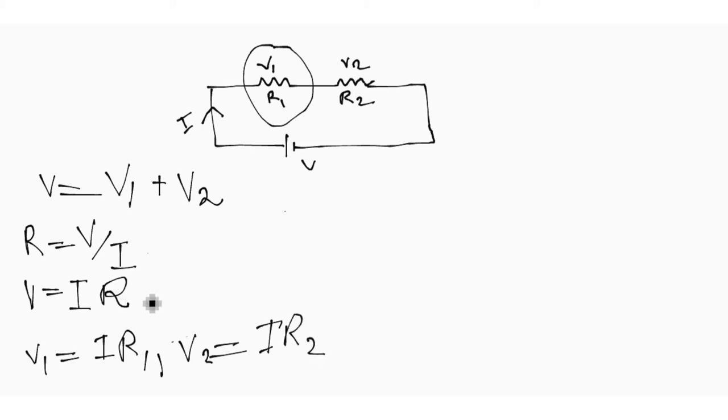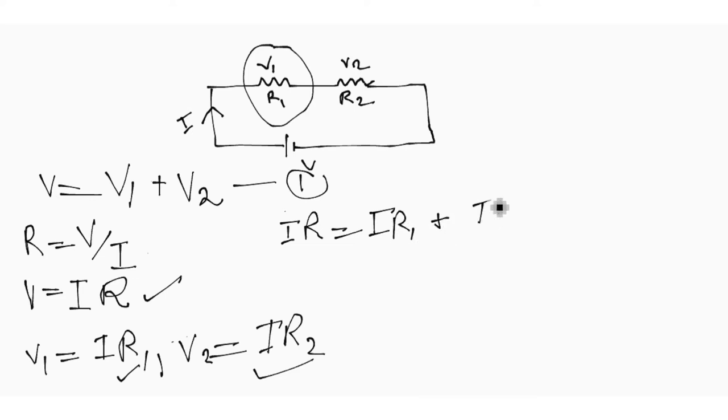Now, putting the values of V, V1 and V2 in equation 1, we get IR is equal to IR1 plus IR2. Next, on the right hand side we take I common: IR is equal to I times R1 plus R2.